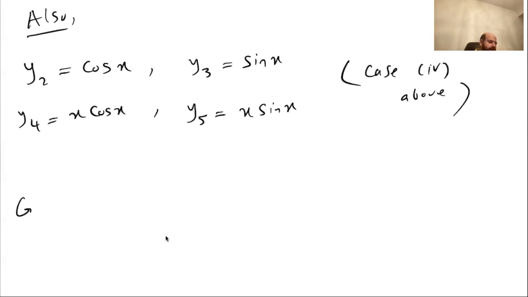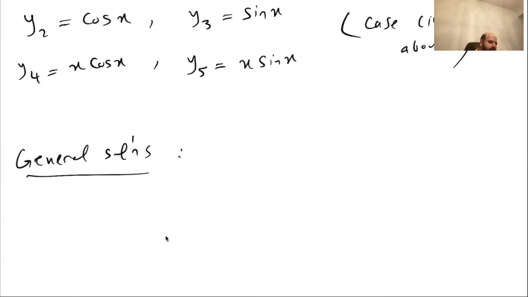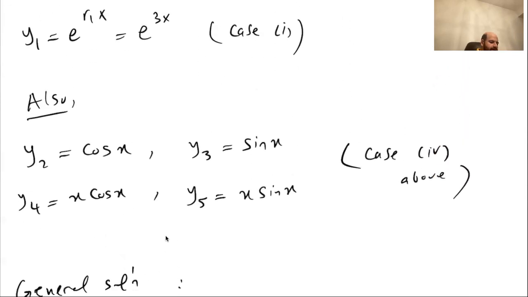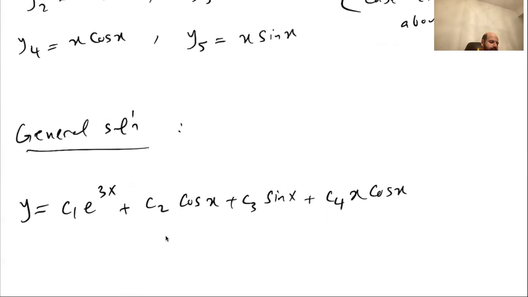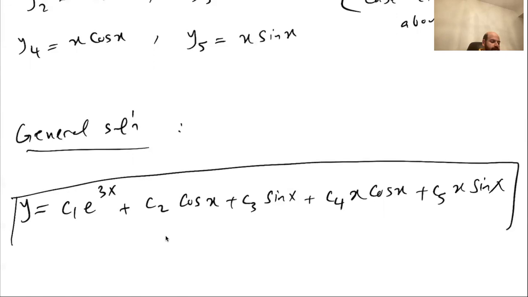And then the general solution, as we said, once we have the linearly independent solutions, we can write the general solution as y equals c1 e to power 3x, c2 cos x, c3 sine x, c4 x cos x, c5 x sine x. This will be the general solution of our ODE.